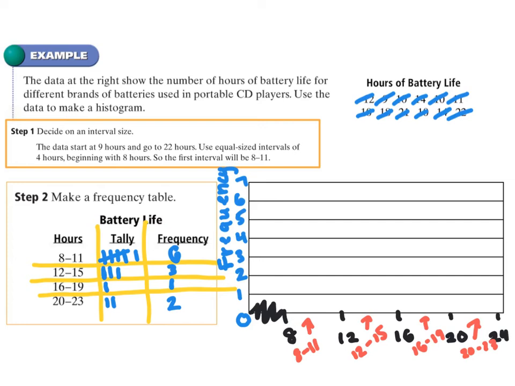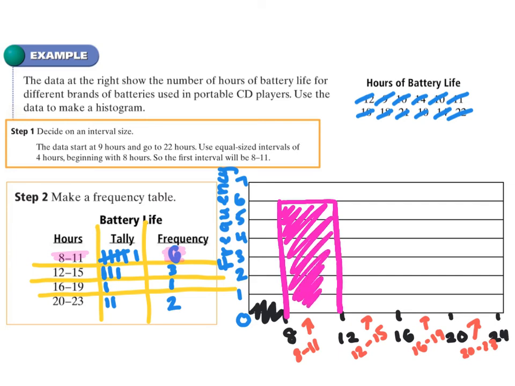Now we can create our different bars. For example, the first one, for 8 to 11, has a frequency of 6. So I can make my bar go from 8 to 11 all the way up to 6, and you can color it in.